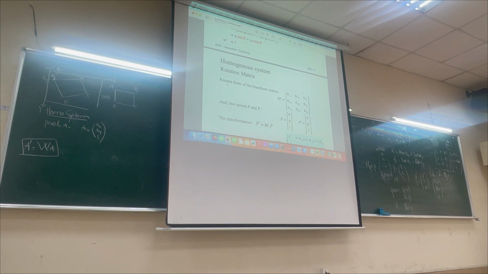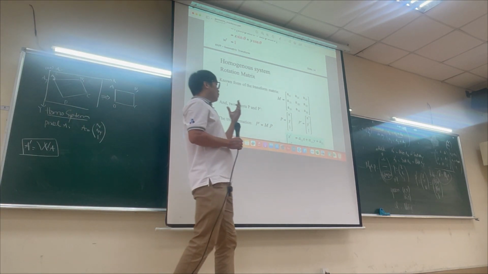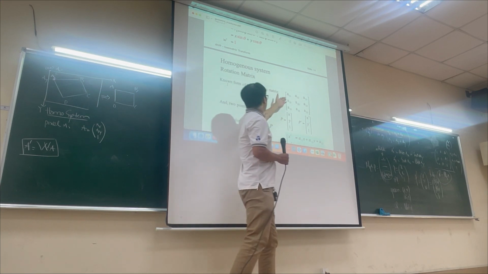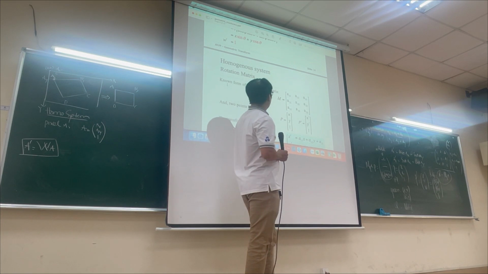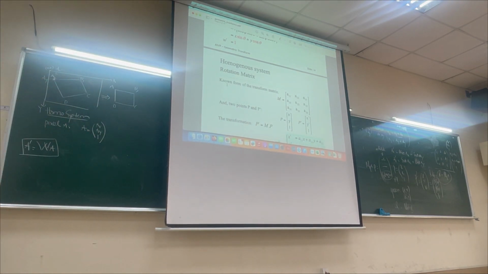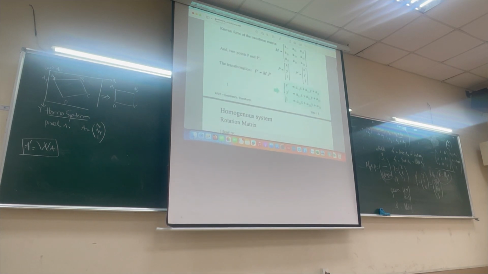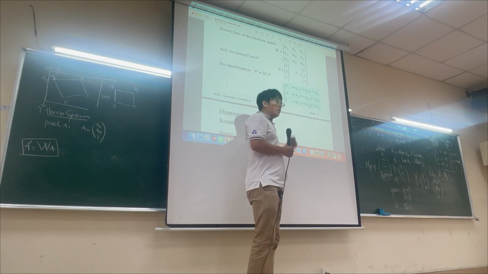And now you can see, 3 by 3. Geometry is very general, 3 by 3. You multiply by the symbol, you get the relation.